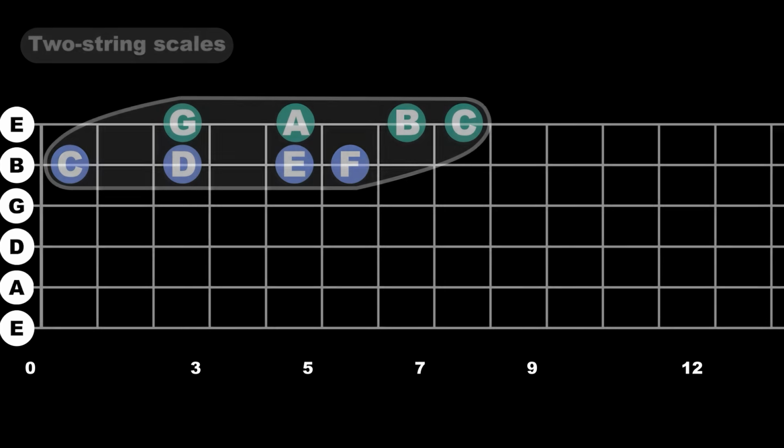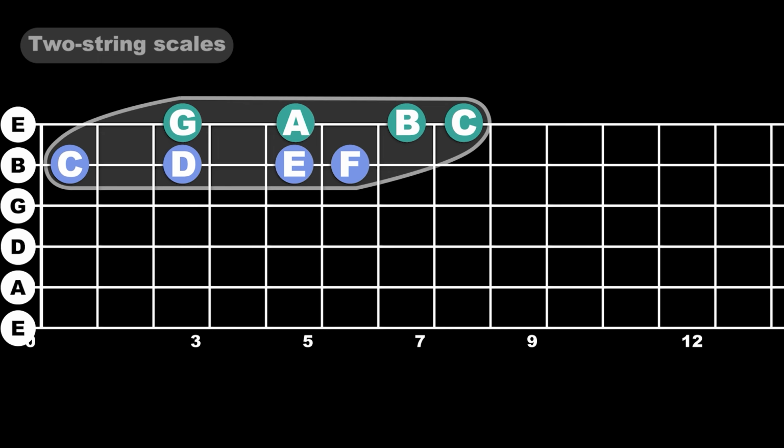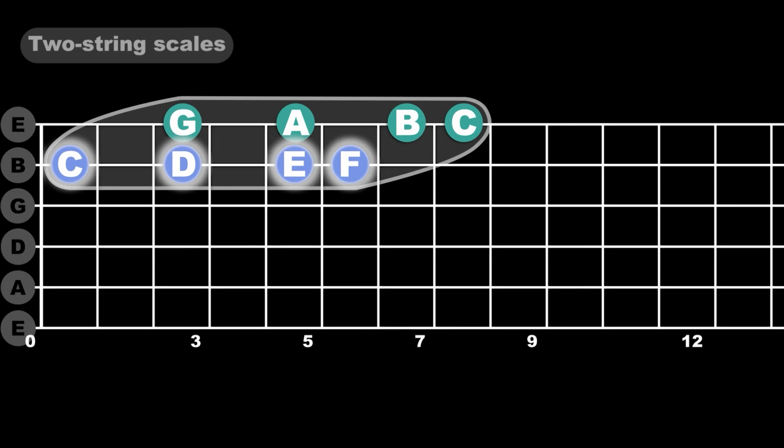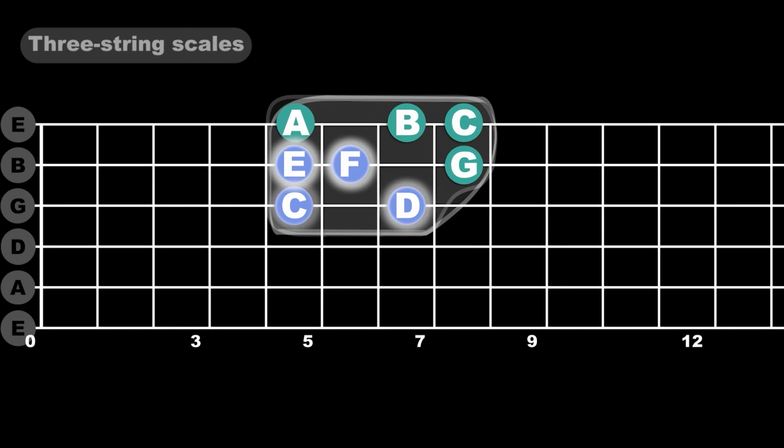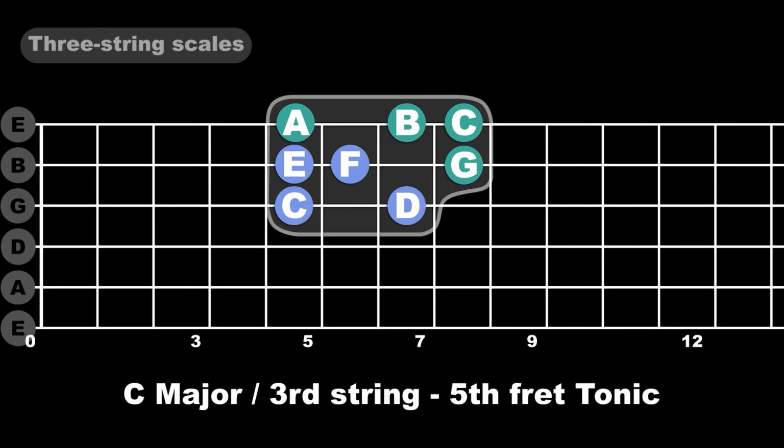Now let's check out some three-string scales, briefly returning to this two-string scale for comparison. When we distribute the notes of the scale across three strings, we lose the simplicity and symmetry of the tetrachord forms, but the notes get closer together, making them easier to play more rapidly.